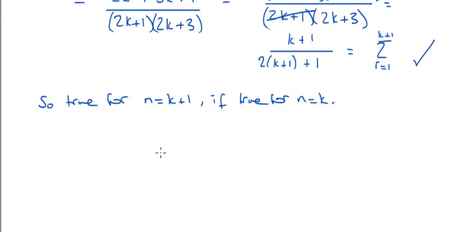But we can say that it is going to be true for n equals k because we've checked it for the first term. So what we've basically now done is we've said, well, it's right for the first term. And if it's right for the first term, then it's right for the second term. But if it's right for the second term, then it's right for the third term. And if it's right for the third term, it's right for the fourth term. So we've got this domino effect. So that tells us now that it's true for any term.